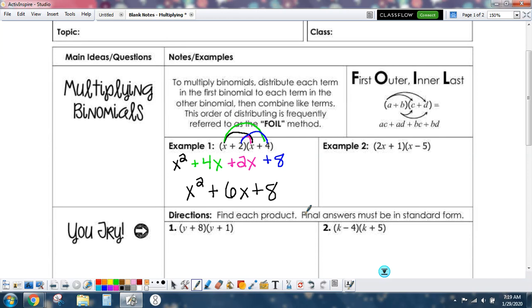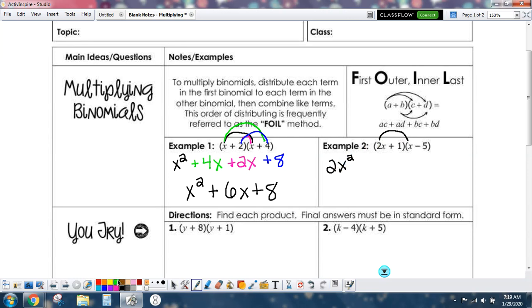So there's also sometimes, like in example 2, where you'll have a coefficient in front of your x term, and that's totally fine. We apply the same FOIL steps. So we're going to FOIL. We're going to do our first, 2x times x. We know x times x is x squared, so this becomes 2x squared.